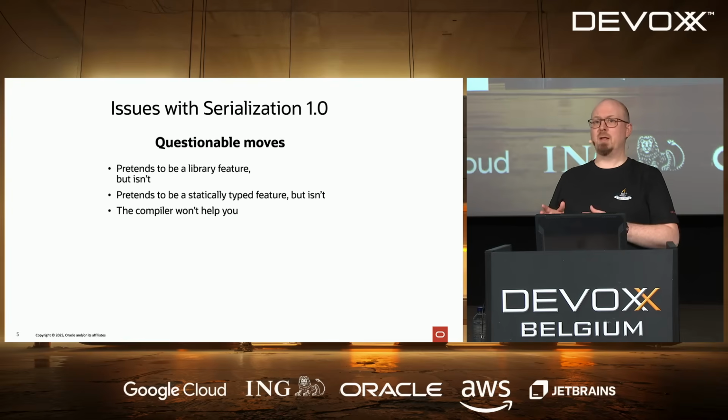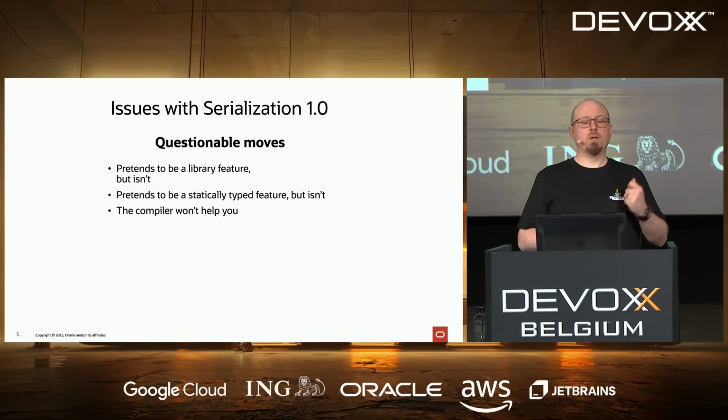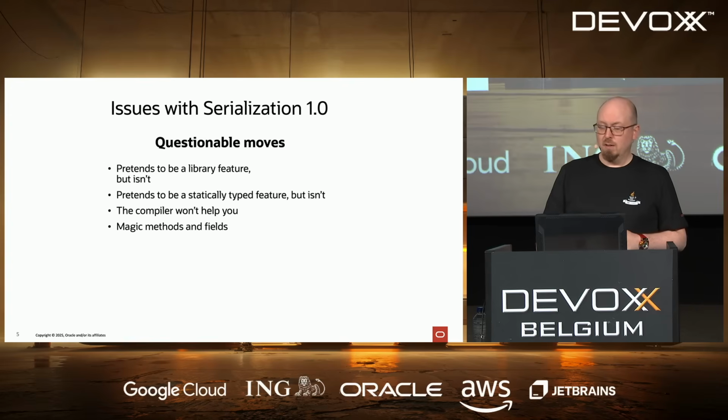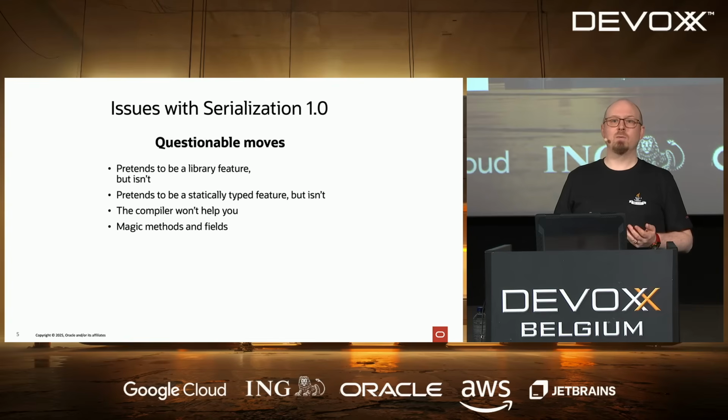So you have magical method names with magical signatures that you need to make sure to implement correctly, and the compiler doesn't help you. And of course, just the mere fact that there are magical method names can be problematic, because what if you misspell the name? What if you don't remember what the name is? How do you even find it? Do you need to go online and search for, like, what are the method signatures that I should be looking into here? So that has a discoverability problem as well.